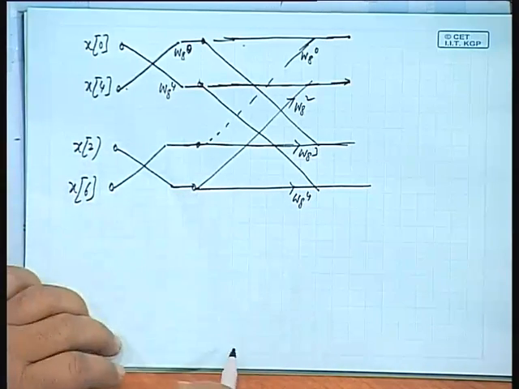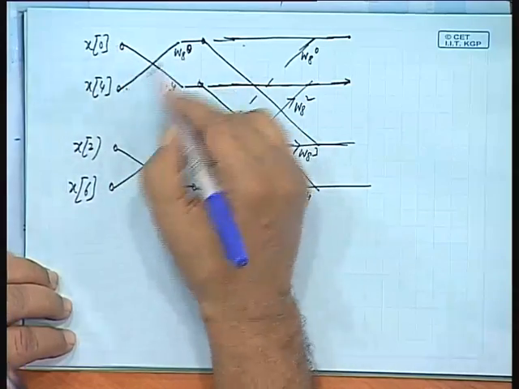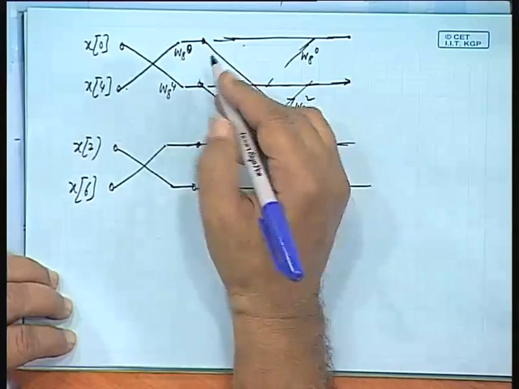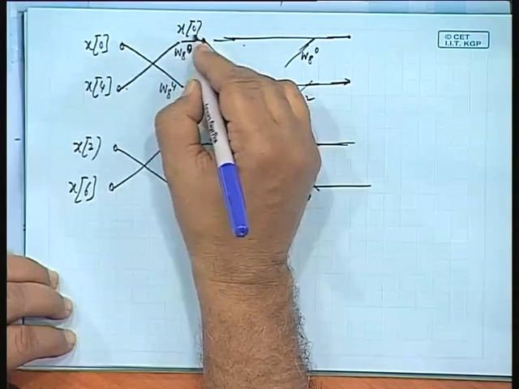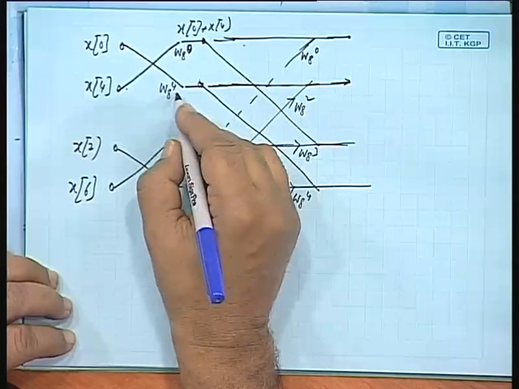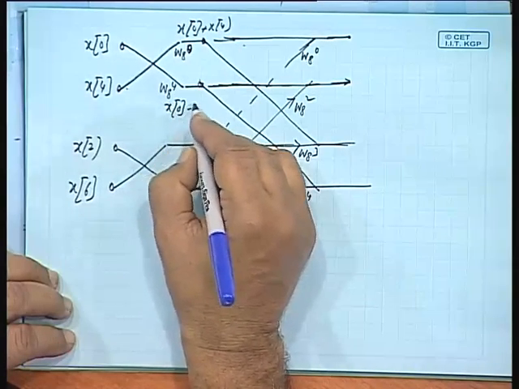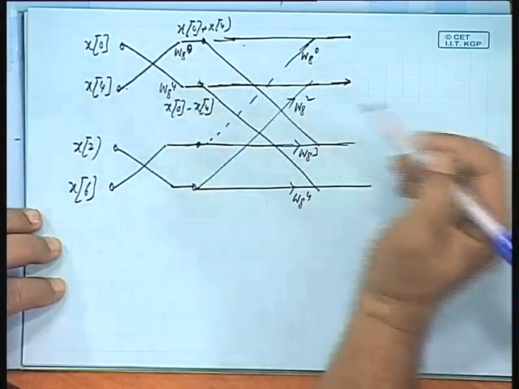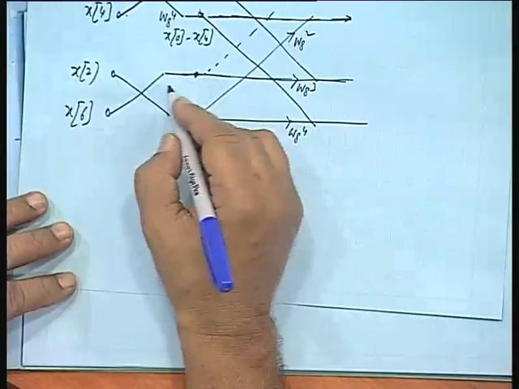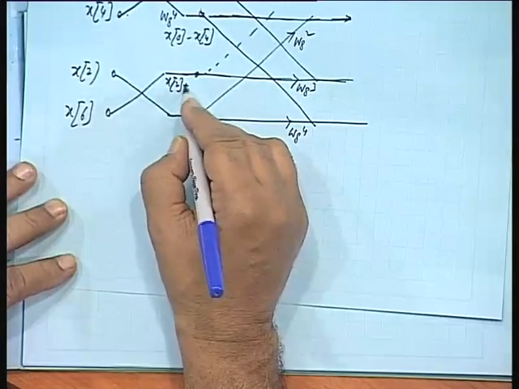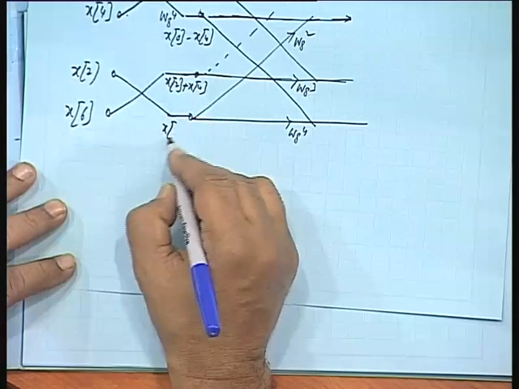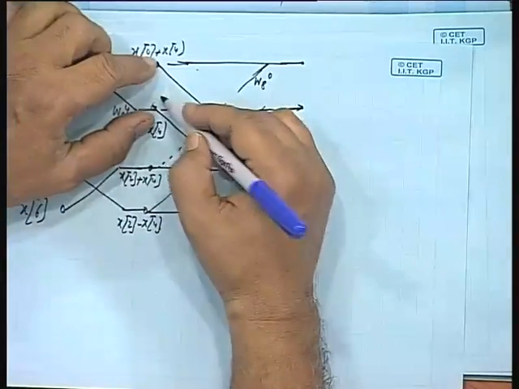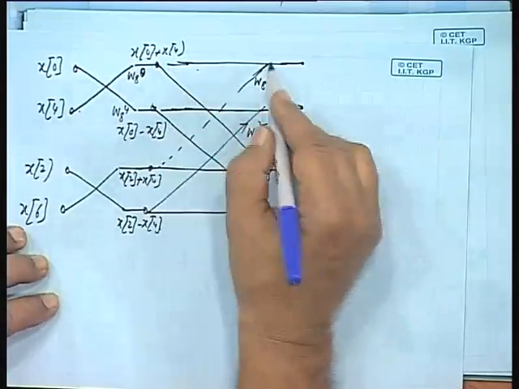I am skipping the other 4, all right. What will be the values of this? This will be X0 plus X4, W_8^0 is 1. So, this will be X0 plus X4 and this one will be X0 minus X4. So, when you come down to the lowest level, it will be just addition and subtraction of 2 numbers. Similarly, it will be X2 plus X6, X2 minus X6.